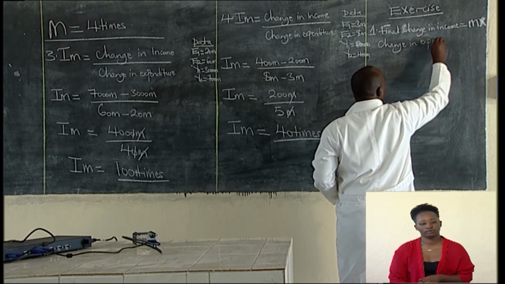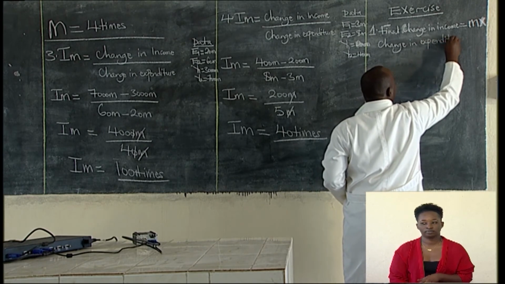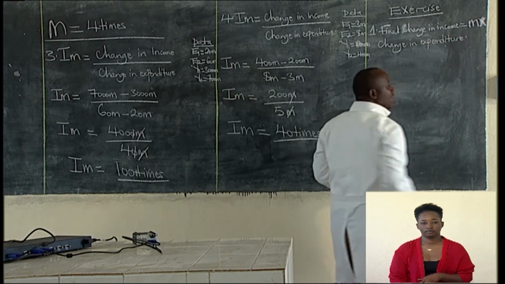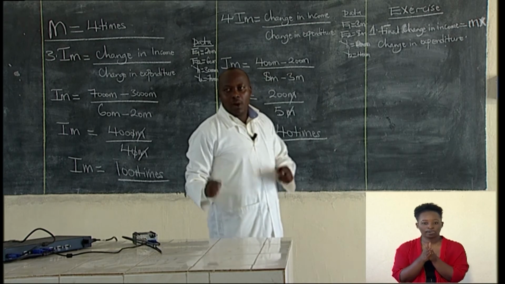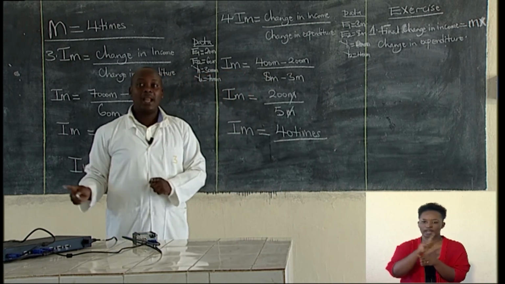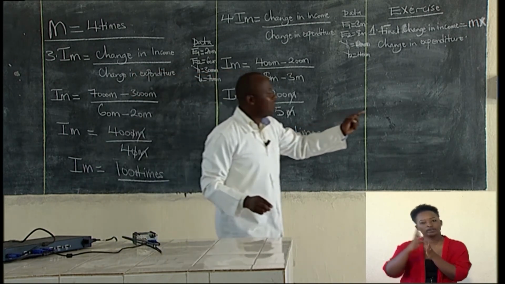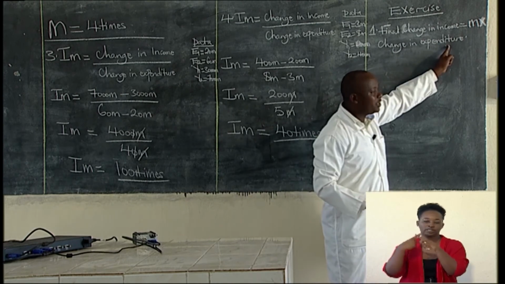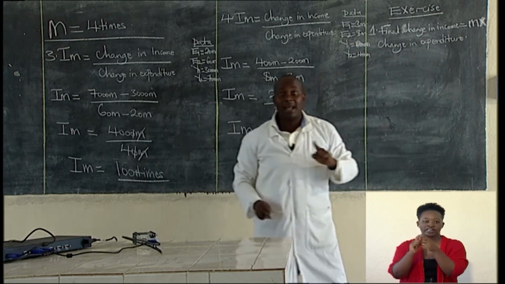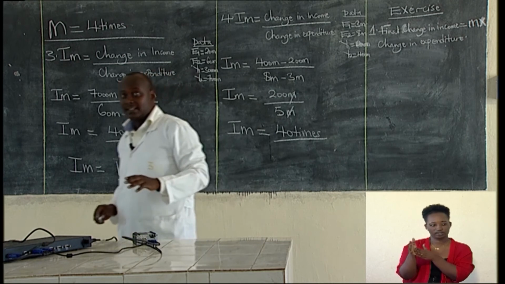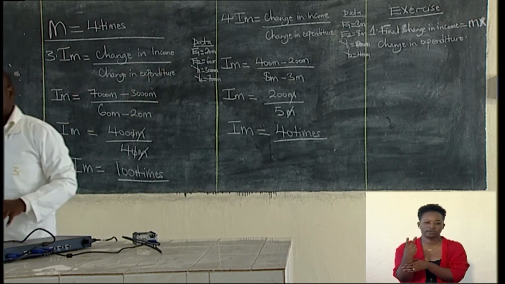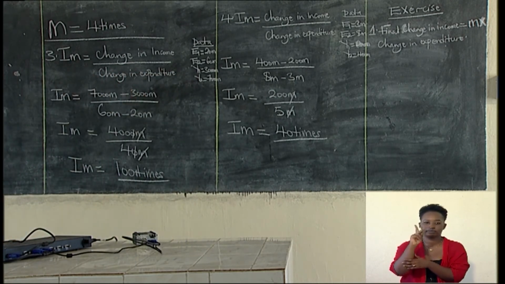On question 1, we are not given the multiplier. And remember the formula: it is multiplier times change in expenditure. We have to first look for the multiplier, because we are not given it.